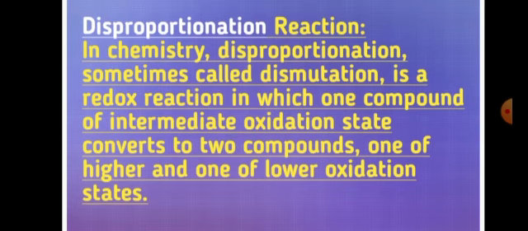Your disproportionation reaction can also be called a dismutation reaction. So in this reaction, one substance is converted to form 2 other substances. In those 2 substances, one is going to have a higher oxidation state or higher oxidation number, and the other one is going to have a lower oxidation state or lower oxidation number.